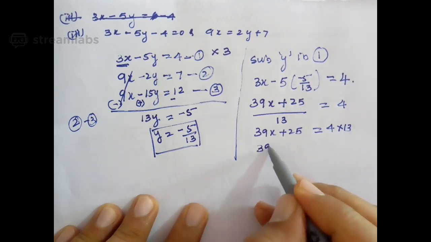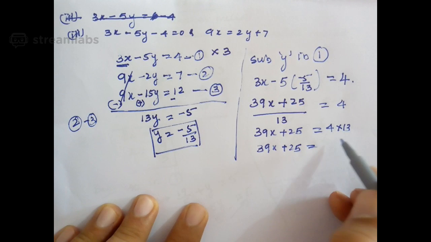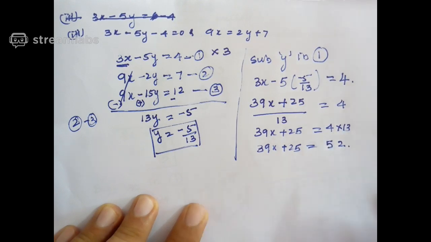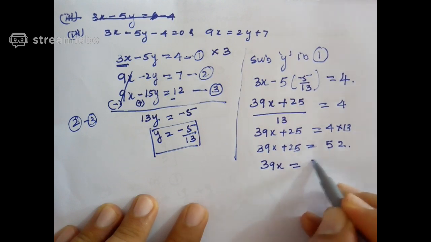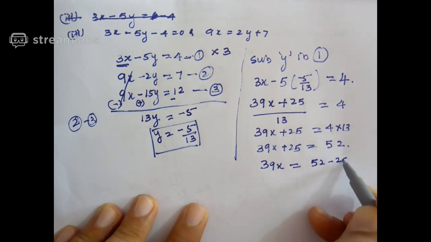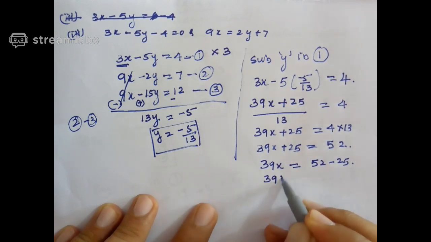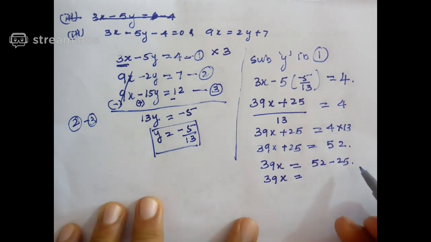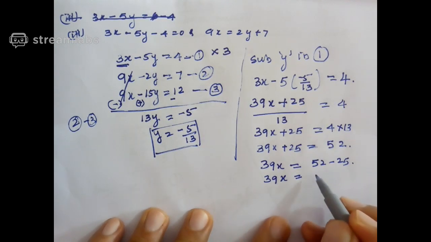39x plus 25 is 4 into 13, which is what? 52. That is 39x is equal to 52 minus 25. 52 minus 25 is how much? 27.